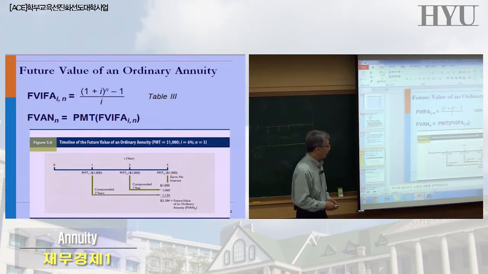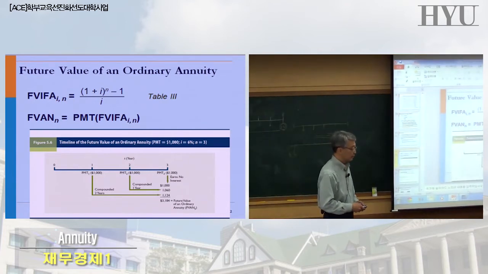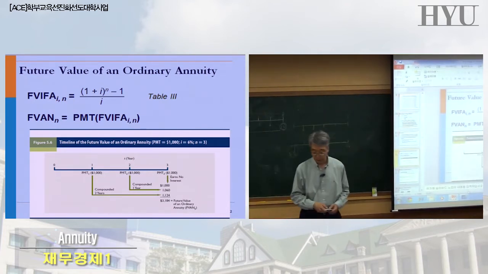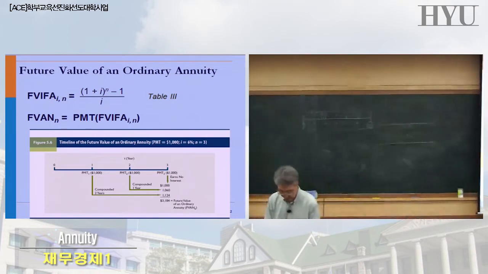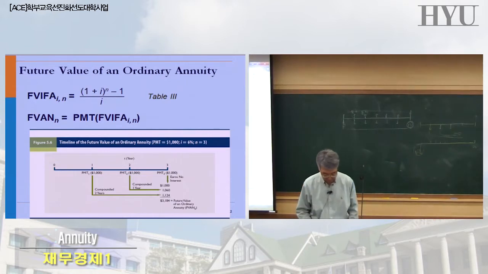Well, you can calculate it this way, or you can use the FVIFA table. That's table number 3. If you open table number 3 at the end of your textbook, that's a similar table to what you've seen before. It's on page T4.